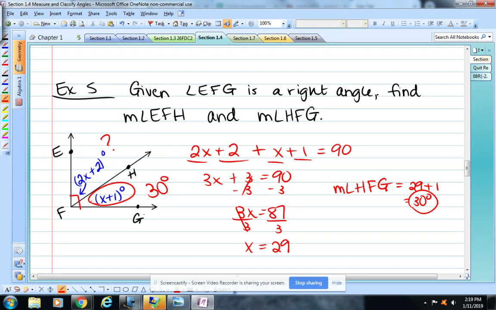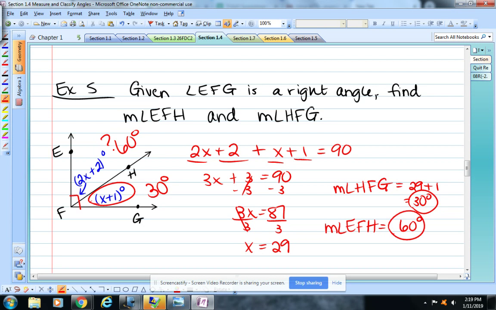Yeah, you can say 2 times 29 plus 2. Or what else could you do? 90 minus 30 will tell me the leftover, which is what? This one has to be 60. So measure of angle EFH equals 60. And we got that 90 minus 30.